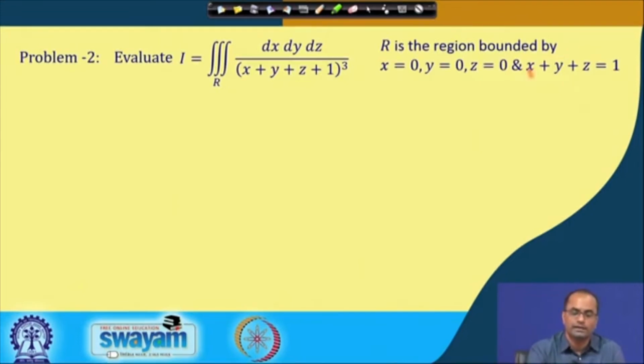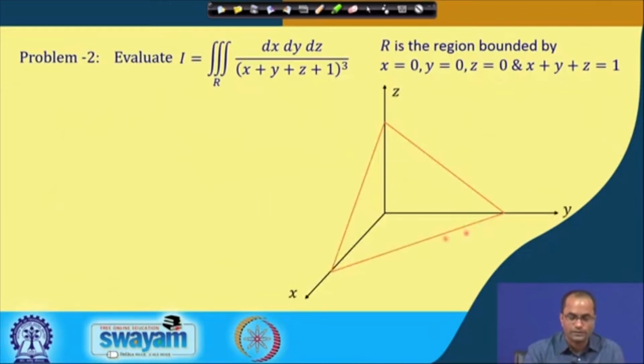So, this is cutting the x axis at 1, and also z at 1 and y again at 1. So, we have this slanted plane here, and we have these 3 coordinate planes, x is equal to 0, y is equal to 0 and z is equal to 0.